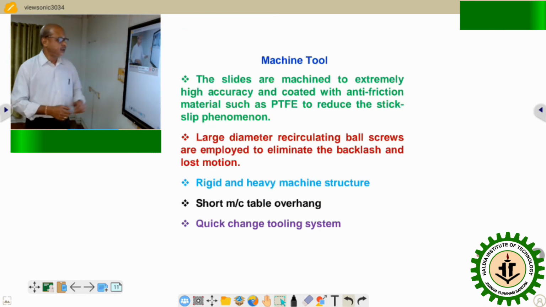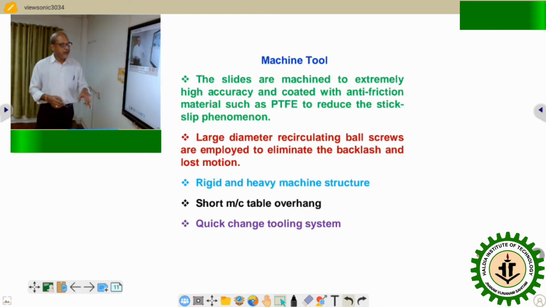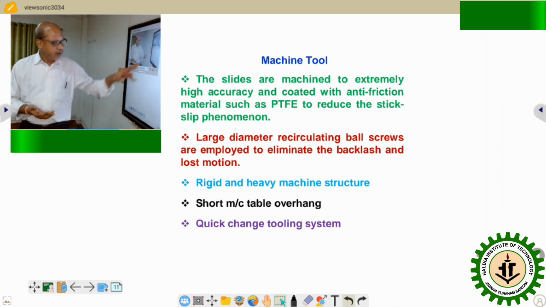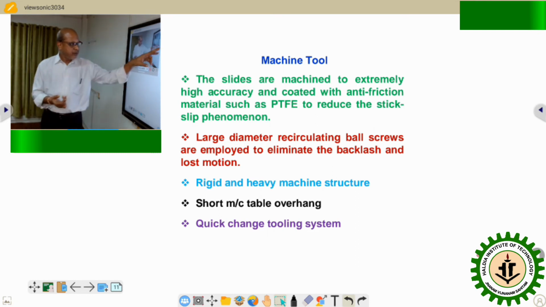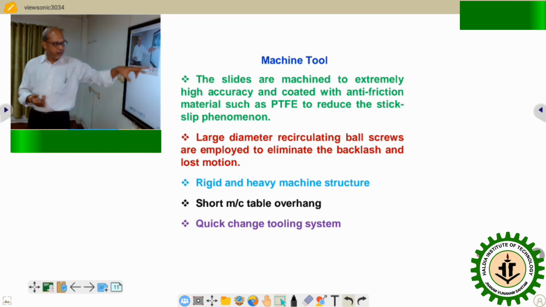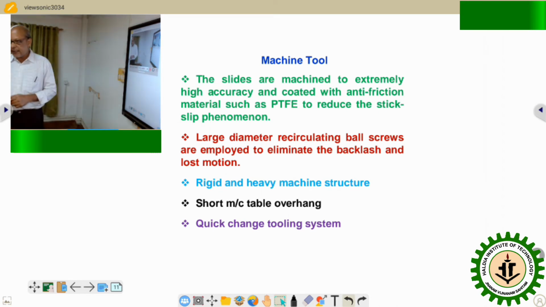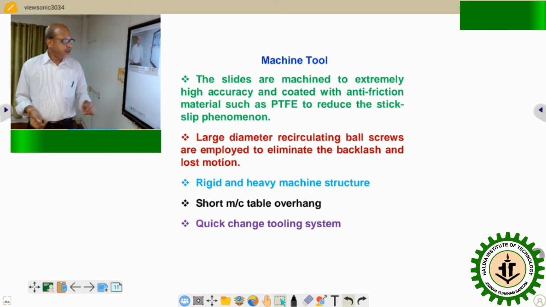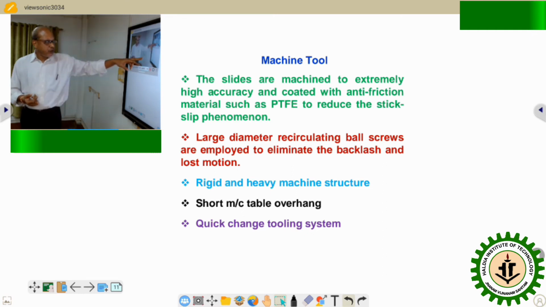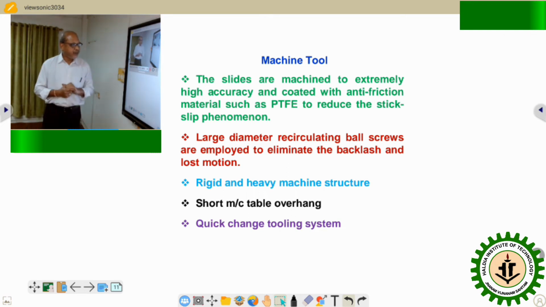Now coming to the machine tool area, in the first lecture, if you go to that particular slide, I had mentioned 2-3 major prominent features written on it. But today we will discuss them in greater depth. The slides are machined to extremely high accuracy and coated with anti-friction materials such as PTFE to reduce the stick slip phenomenon.